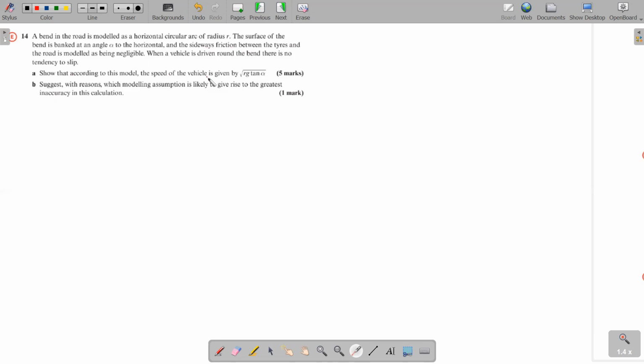Basically it's the same diagram as we did before. You have a banked road, banked at an angle alpha to the horizontal.